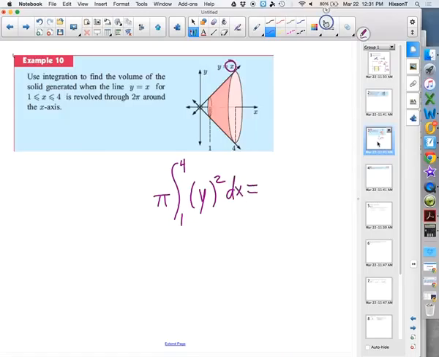Y equals x. Oh, so it's pi times the integral from 1 to 4 of x squared dx. So that's pi times x cubed over 3, evaluated from 1 to 4.